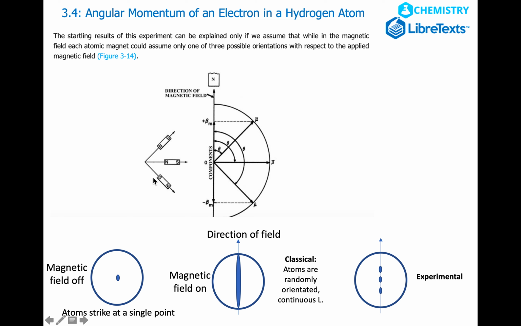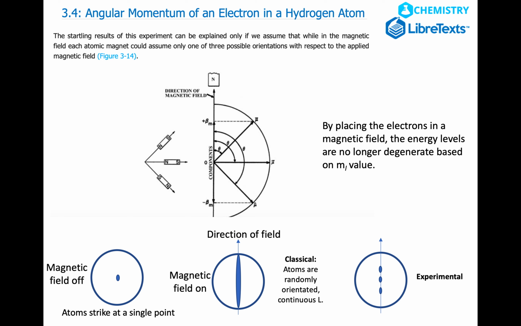So it's viewing now the atoms as having a north pole, a south pole. As they're traveling through, they're deflected, and we only have three different regions where they could strike that was based on their orientation.